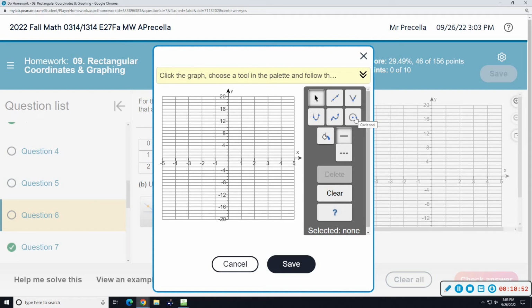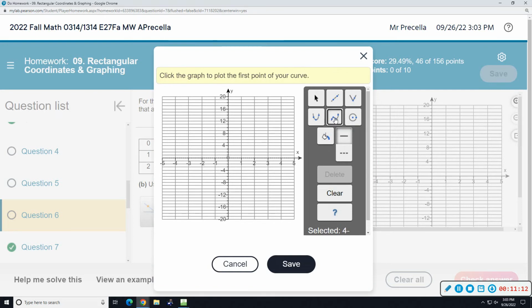We're going to see this circle tool, and it is such a nice graphing tool. But that'll be another assignment. But I think it's right here. When you hover over it, it says 4-point cubic tool. Isn't that what we have? We have 4 points, and it's a cubic. So I'm going to click that tool.